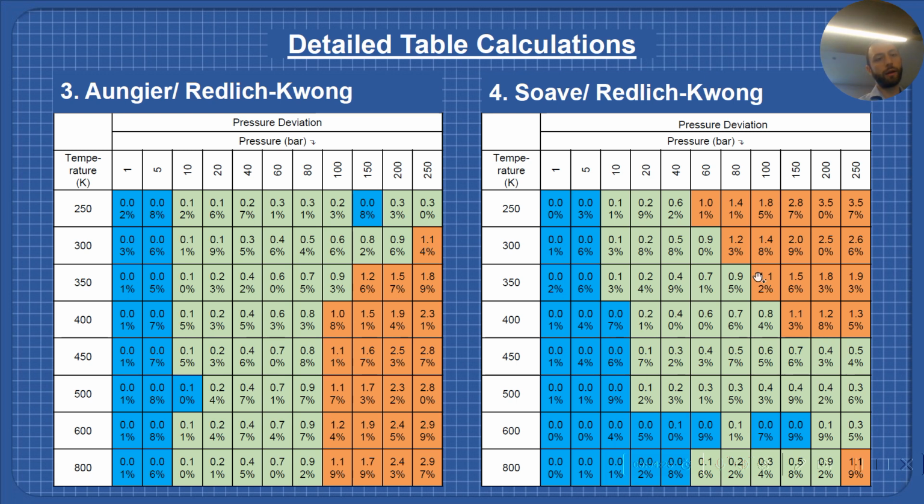The other 2 are the Soave-Redlich-Kwong and another Redlich-Kwong variant, which are at the same level of accuracy in different areas. We see that one has better performance in low temperature, high pressure, while the Soave-Redlich-Kwong has better performance in high temperature, high pressure.